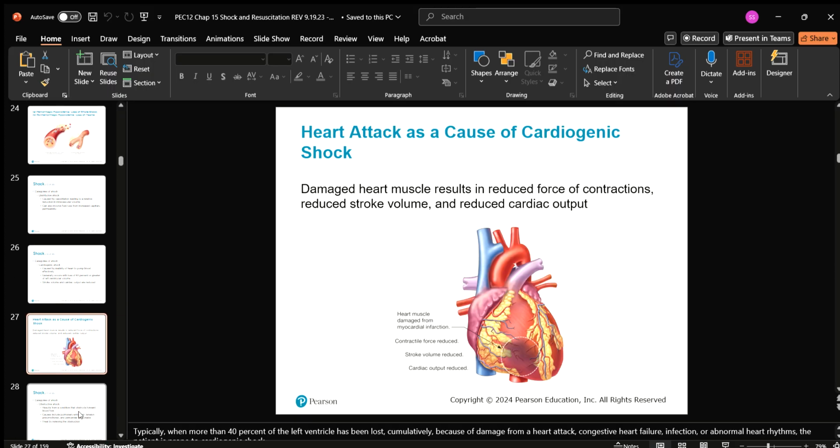They're not perfusing. We talked about heart attack as a cause of cardiogenic shock. Heart attack, also known as an MI. What's it stand for? Myocardial infarction. We have to know these definitions. We need to know this terminology, because if we don't know it, we're going to get to the test and not know what any of this means. So we need to know what these terms mean.